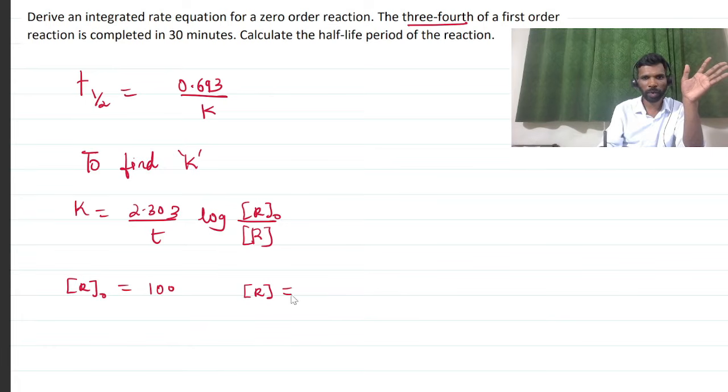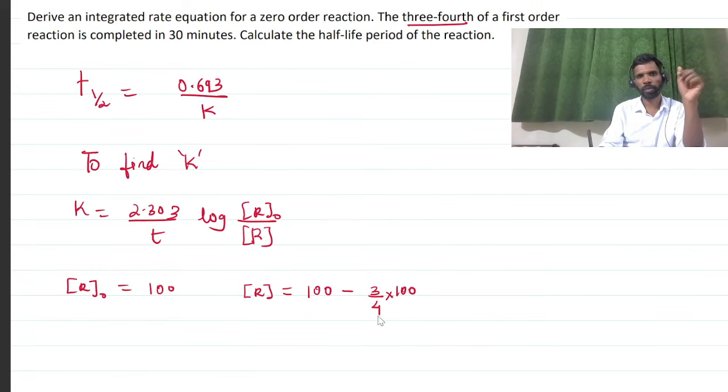R will be is equal to 100 minus 3/4 into 100. When we say 3/4 of the first order reaction is complete, we are subtracting from the 3/4 of the 100, or sometimes they give the percentage 20% is complete, so we subtract it that way. So if you solve this, then what would be this?